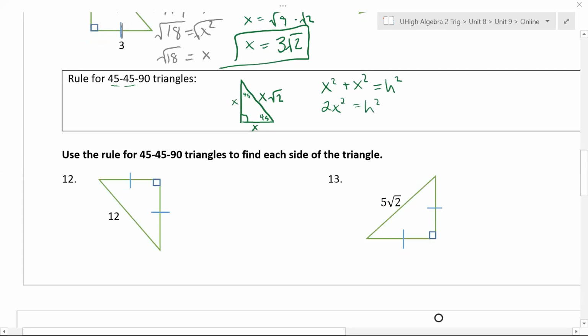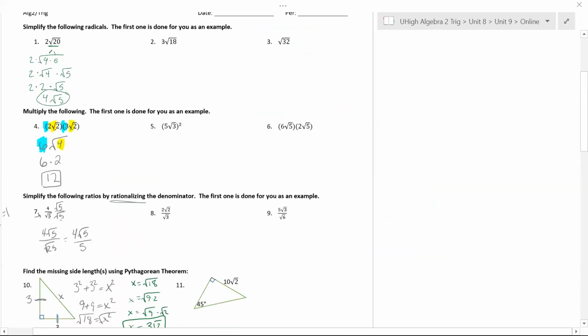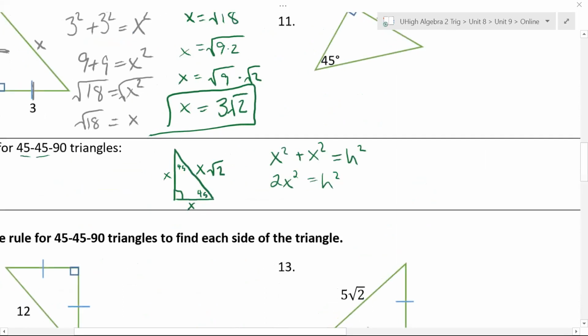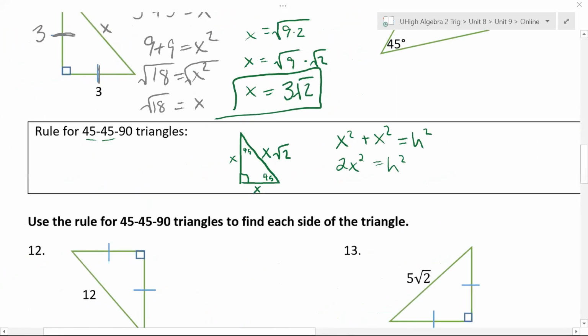Then I could take the square root of both sides. If I take the square root of both sides, I would be left with the square root of 2x squared equals my hypotenuse.